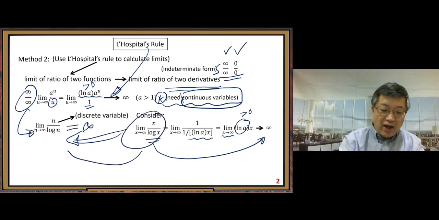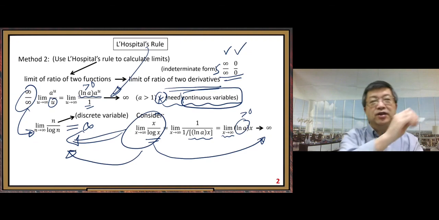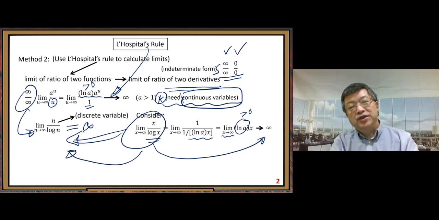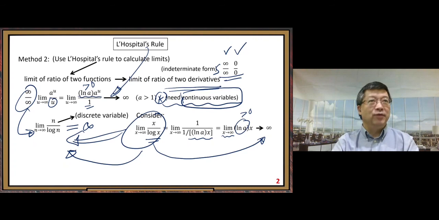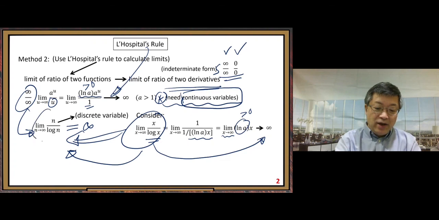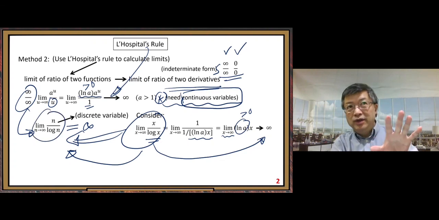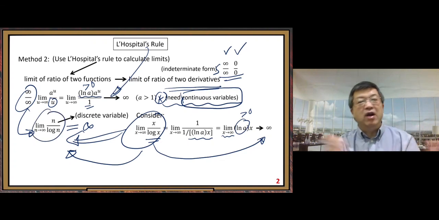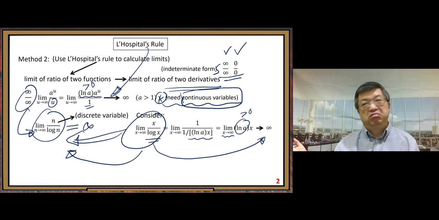So based on that, we can say it is true. This is the rigorous math way. We can take derivative here, but it is not good to take derivatives directly on discrete variables. Our textbook does it that way, so you should be careful when you read that part of the textbook.